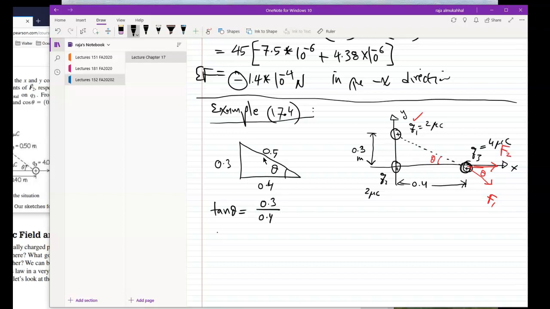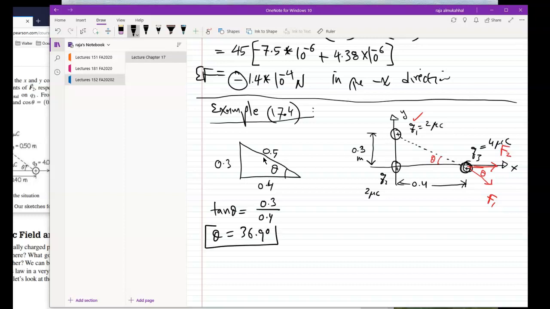And it's basically theta is equal to, let me use my calculator very quickly, inverse tan 0.75, right? And the answer would be 36.87. So that would be 36.9 roughly.